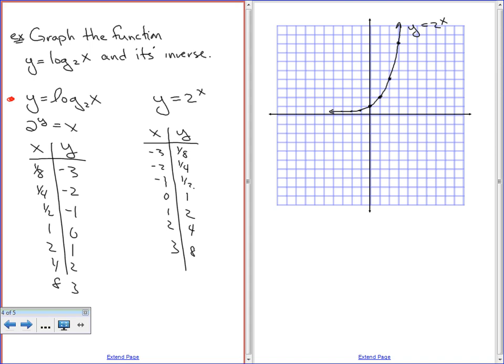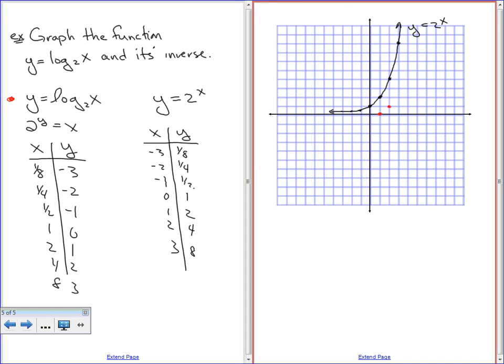I'll do this one in red. So the red one is the graph of y is equal to the log of x to the base 2.